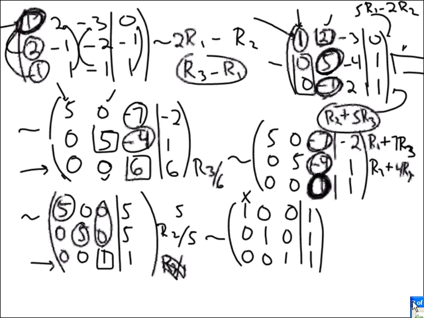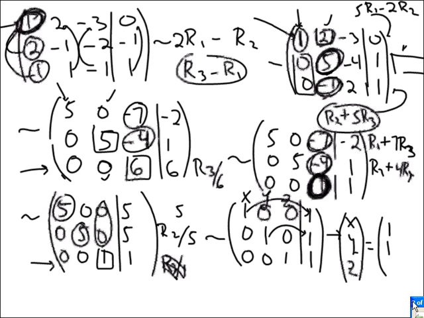The first column, if you remember, was x, the second column y, and the third is z. This tells me what x, y, and z equal. 1x is 1. 1y is 1. And z is 1. x, y, and z were all 1s.